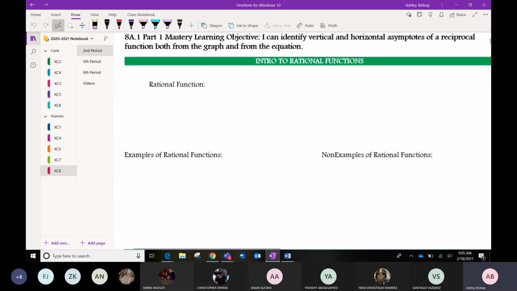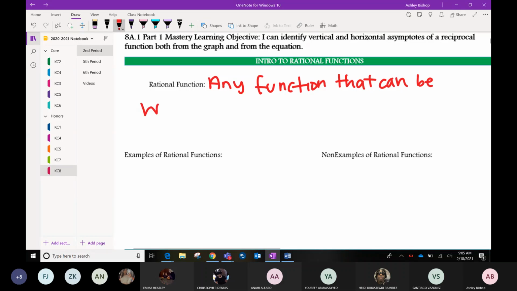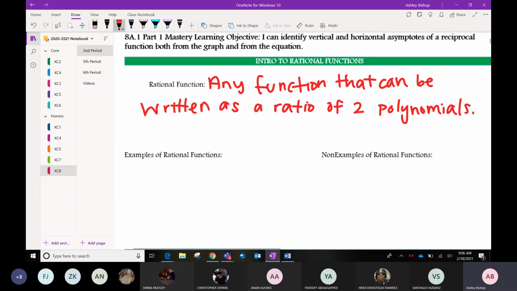So a rational function is any function that can be written as a ratio of two polynomials. That's what a rational function is.